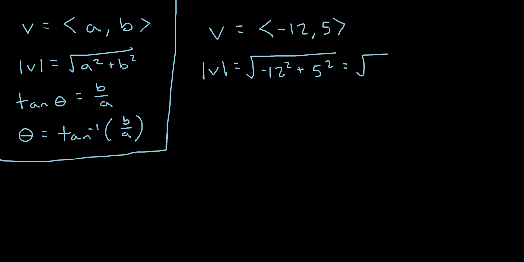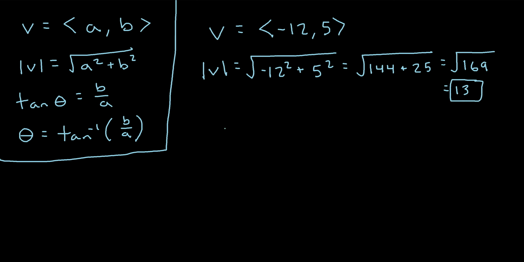So we get -12 squared, or -12 times -12, that's 144, plus 5 squared, that's 25. So 144 plus 25, that's 169. And the square root of 169 turns out to be 13. So 13 is the magnitude of this vector.